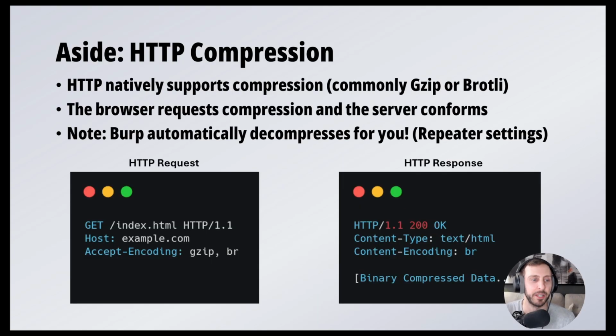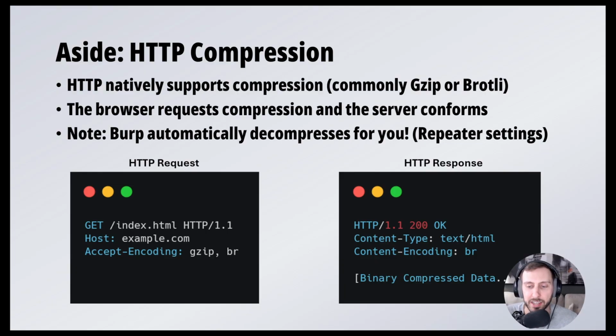Just as a quick aside, talking about HTTP compression, HTTP natively supports compression, commonly gzip or Brotli. The browser typically requests compression, and the server conforms to that. So in the images here, you can see an HTTP request where we have Accept-Encoding with gzip and Brotli (br). And then in the response, the server has determined that it is going to use Brotli, and it includes the response as binary looking like compressed data.